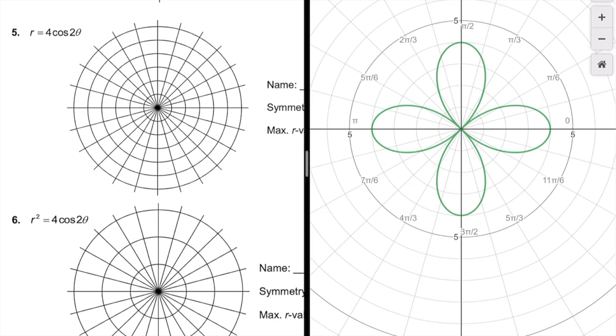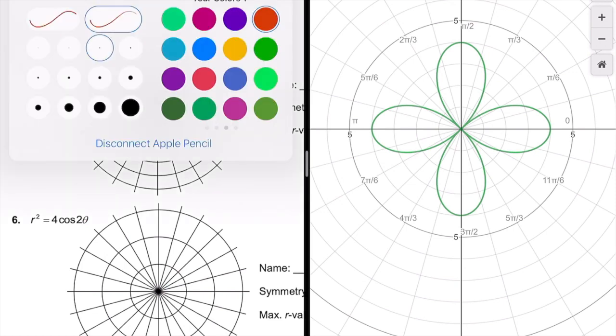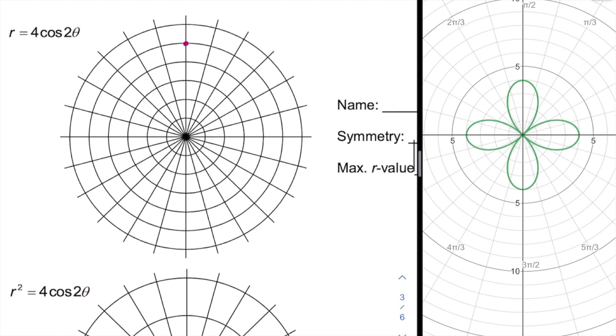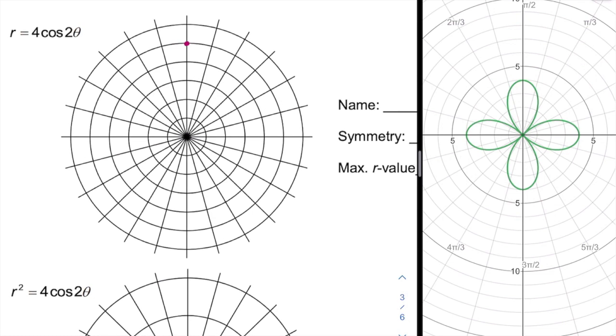So while I am nerding out, let's go ahead and sketch it. I'm going to put it in this nice pink color because it feels very floral. Those flower leaves go up to a maximum radius of 4 on each of the 0, pi over 2. So I'm going to make a dot there for the accuracy of my sketch. 1, 2, 3, 4. And then down here at 4 as well. So then as best as you can, we'll make 4 loops.